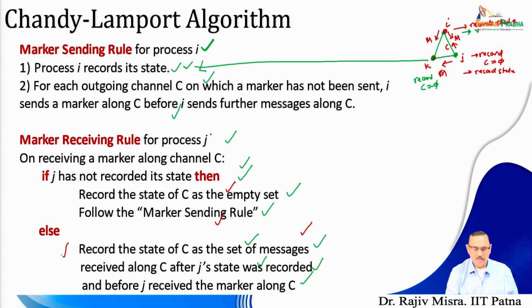In the marker sending rule, it will record the state, and then for each outgoing channel it will send the marker. So, you can see that eventually all the processes will record their states in this global state recording algorithm.